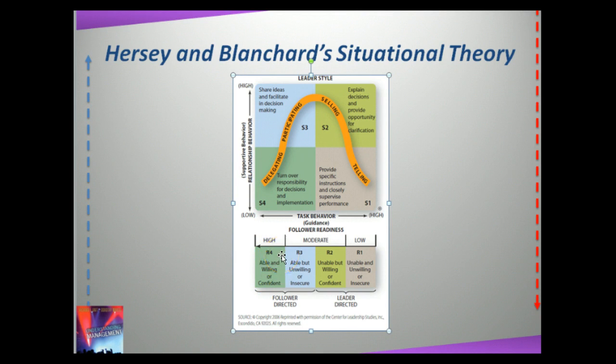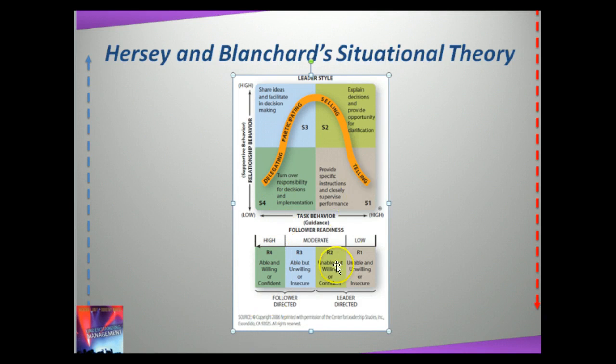At the delegating point, the leader can then delegate responsibility for decisions and implementation to subordinates who have the skills, abilities, and positive attitudes to follow through with what is delegated to them. So the leader provides a general goal and sufficient authority to do the task as the followers really see fit. And so that's why that falls there.